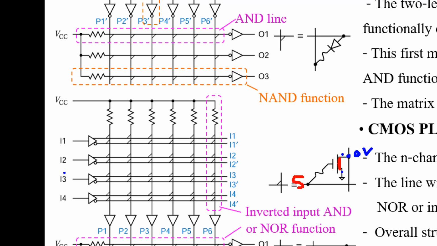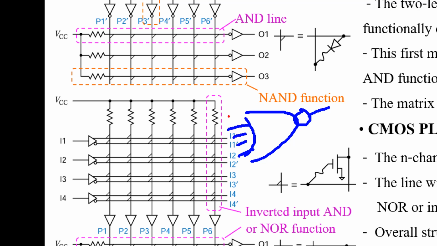So if one of these is high, this line becomes low. So this line functions as a NOR gate, right?